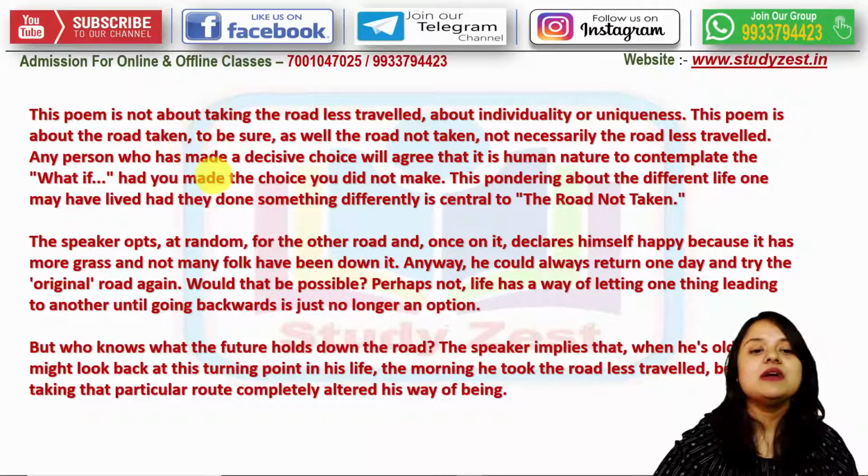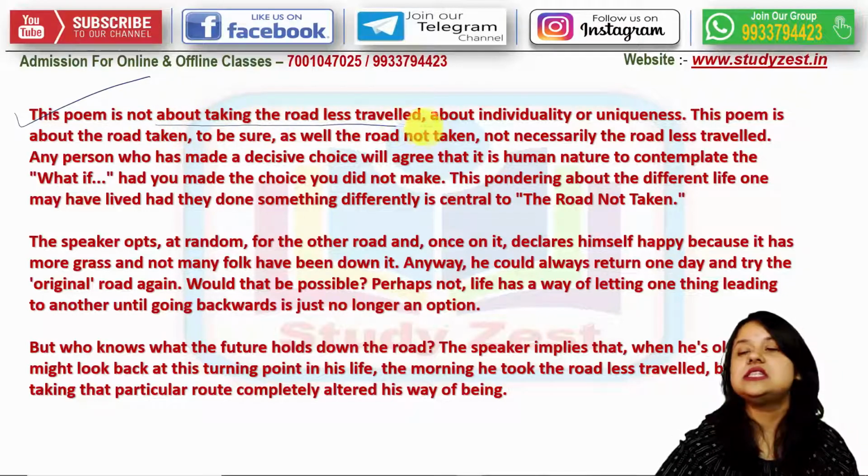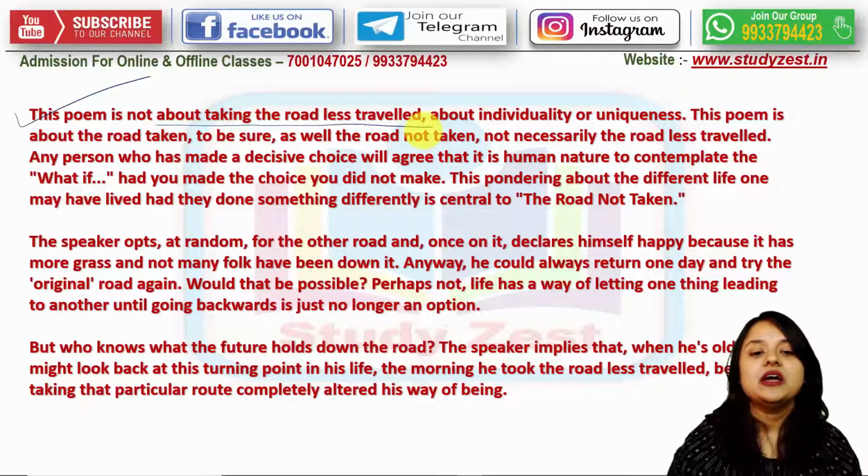And as I said previously, by taking the less traveled path, the poet first thought he was making a unique decision, which was actually not true. Both the roads were actually similar.